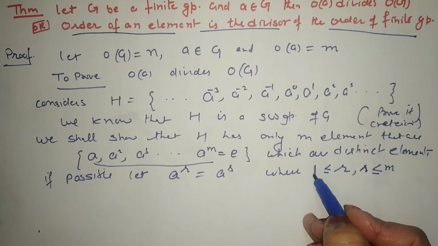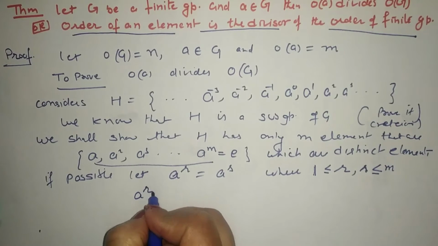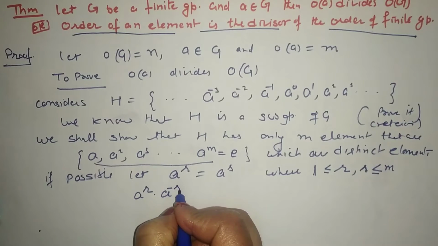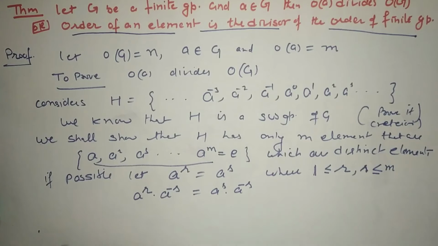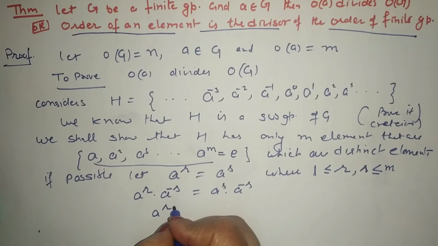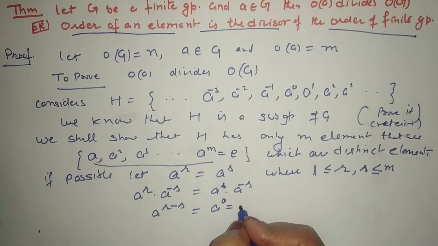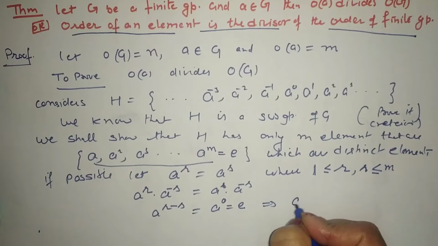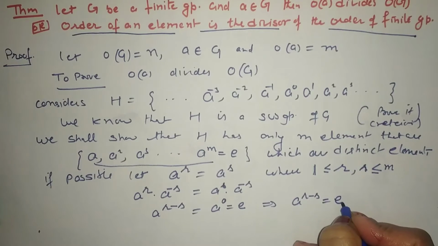So now multiply both sides by A raised to power minus s. So we will have A raised to power r minus s is equal to A raised to power s minus s, which is A raised to power 0. A raised to power 0 is identity, which implies A raised to power r minus s is identity.